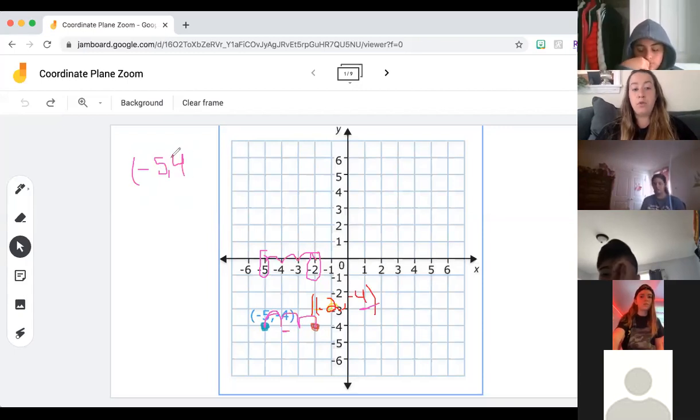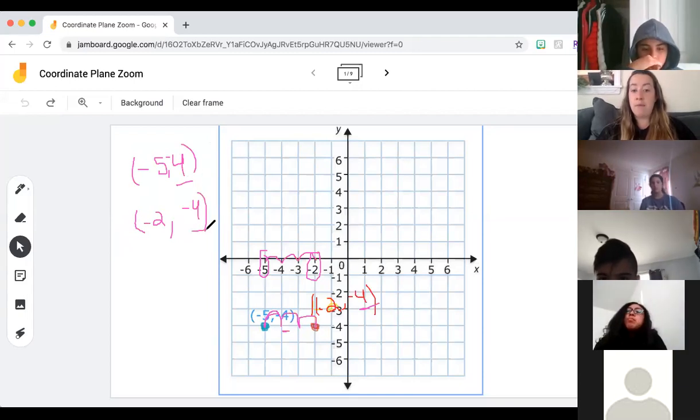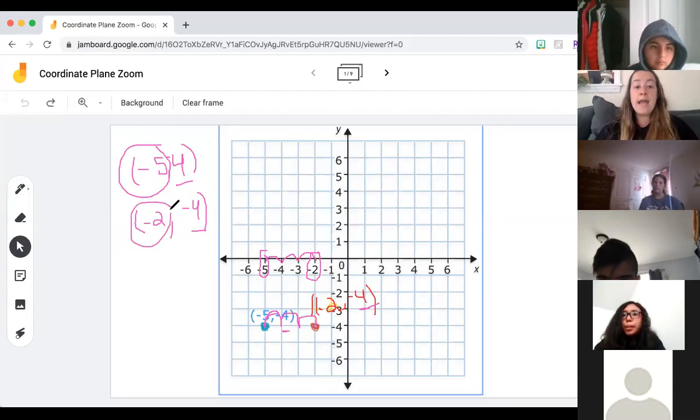A lot of people do like to plot them and count the jumps, but some people just like to look at these coordinates here. So if I was just looking at these coordinates, I see the -4s are the same, so I'm not going to look there. I'm going to look at the distance between -5 and -2. And on a number line, they're 3 spaces away.